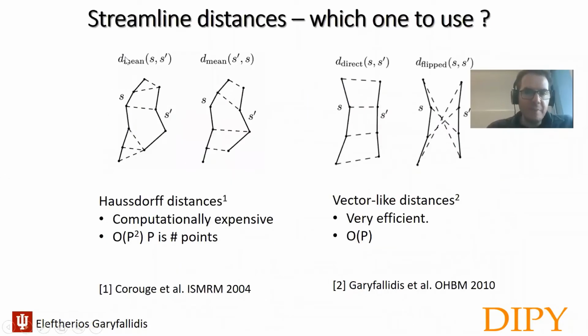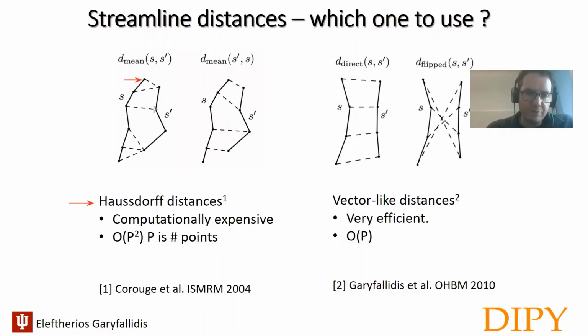So in the past, people were using metrics such as the Hausdorff distance, where for each point, you would find the closest point in the other streamline. So for that point, you will find the closest point in this streamline.